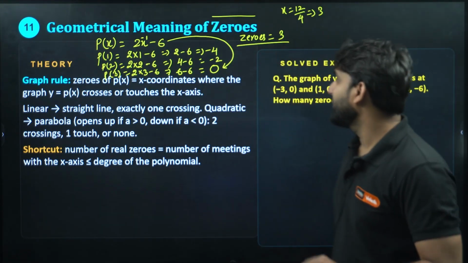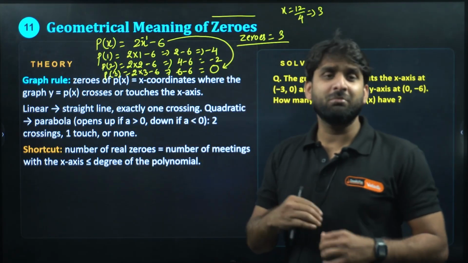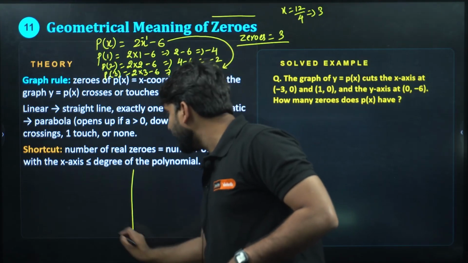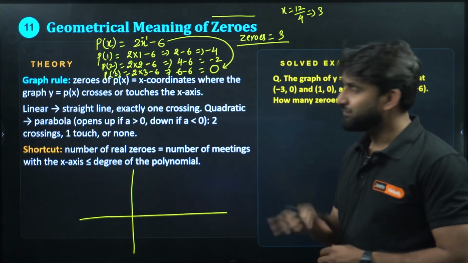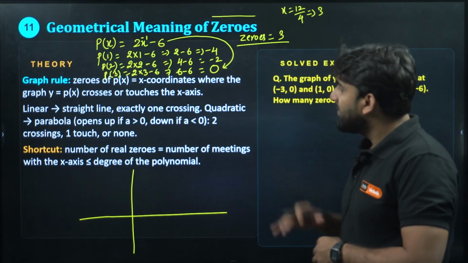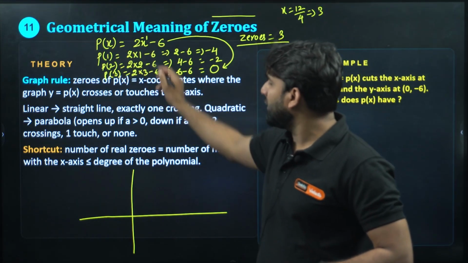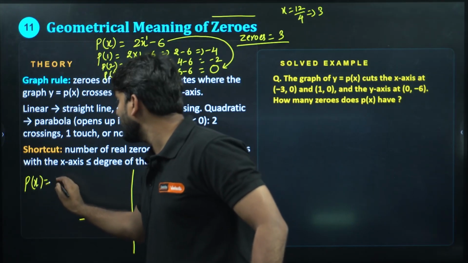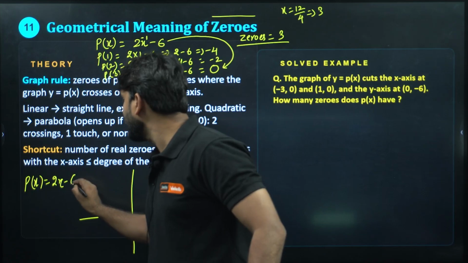Now listen, champion, one more thing. In pure mathematical terms, if I draw the graph here, please understand the geometrical meaning of this. My dear champion, we have p(x) is equal to 2x minus 6.